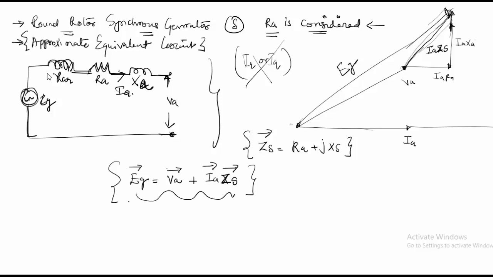So if this is my angle delta and this is my angle phi, which is my power factor angle, and this is my power angle.